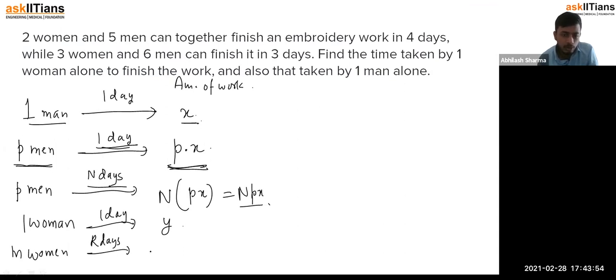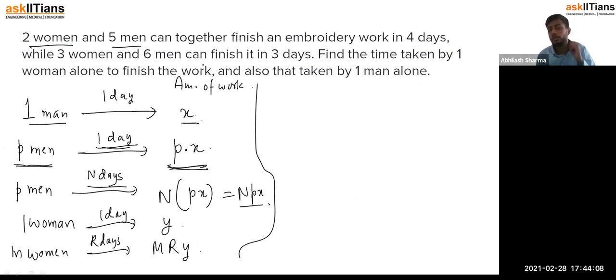Using the same logic, it will be nry. That's what we are saying. Now that we have understood this thing, what are we given here? 2 women and 5 men can work together and finish an embroidery work in 4 days. So look, please understand what it means. Let us say the total embroidery work is w.